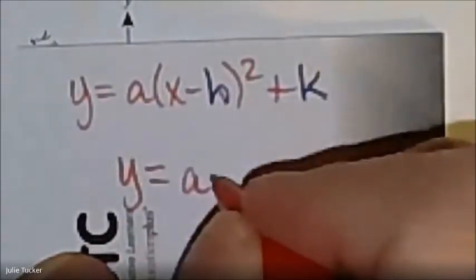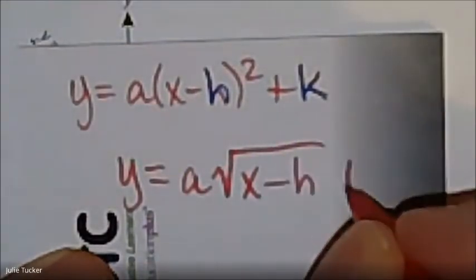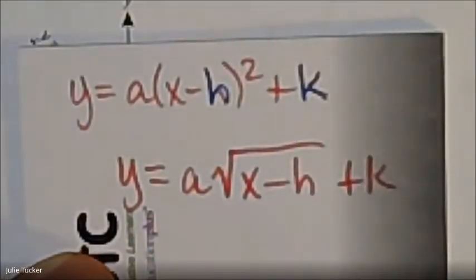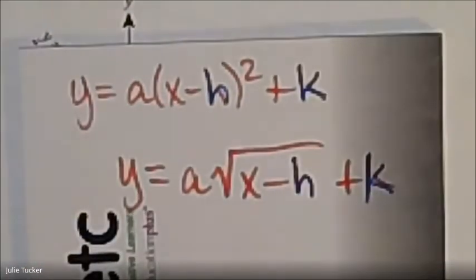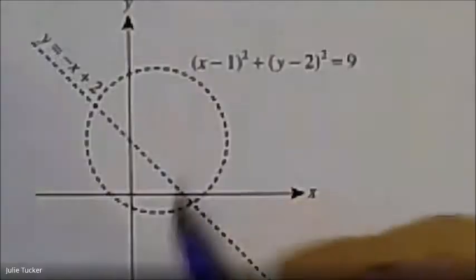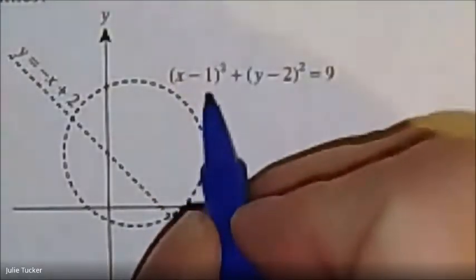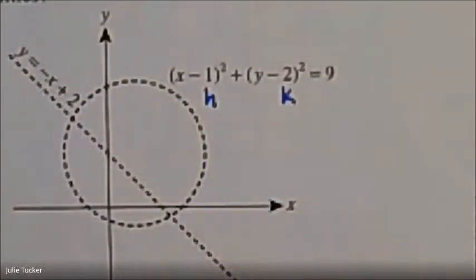And then when it's a square root function, it looks very similar, and the H, K is the reference point where it starts from. So with a circle, this is your H and this is your K, and that forms the center point for the circle.